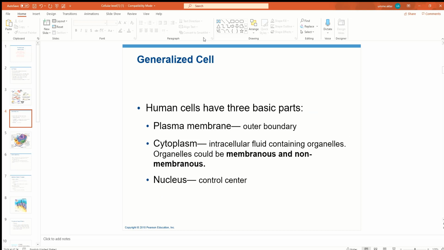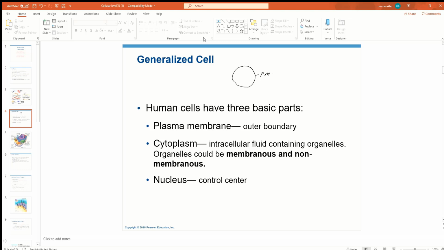Okay, now we'll see the parts of a living cell. If you see a typical cell, as I mentioned before, it has a cell membrane or plasma membrane. So this is the plasma membrane that gives the boundary of the cell and protects the cell, gives the shape of the cell.